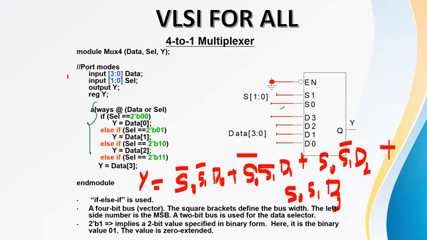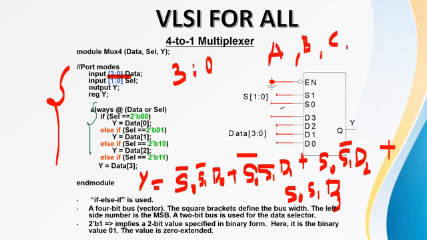So coming to this code, here we are defining a vector 3 down to 0. We are actually not using A, B, C, D. We are using only D, taking it as D0, D1, D2 and D3. For that we are defining a vector.